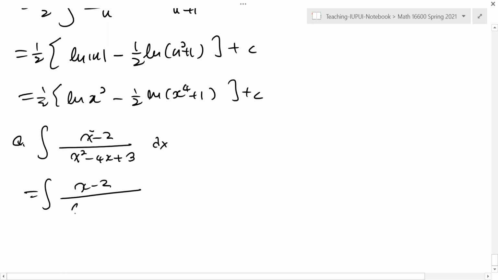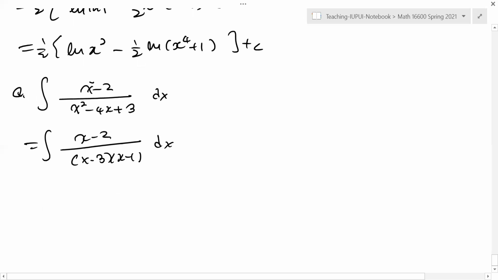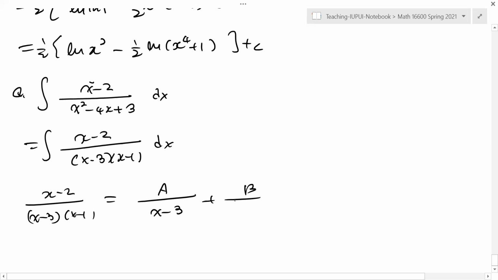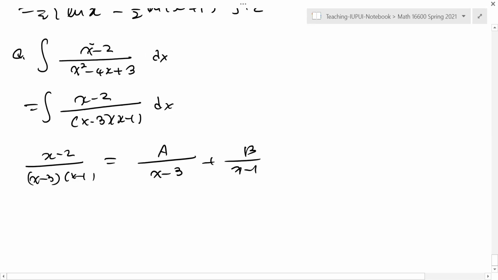So quickly factor it. Here's x minus 3 and x minus 1, dx. So you have two different factors. So it can be expressed in this form. Okay.